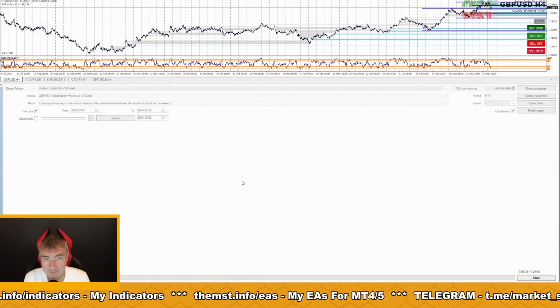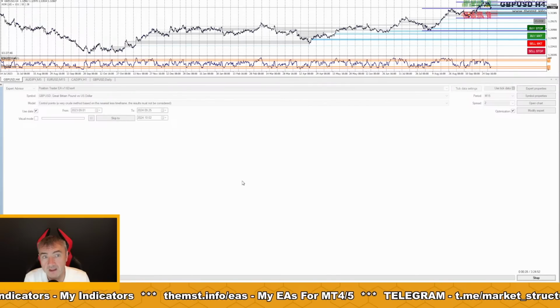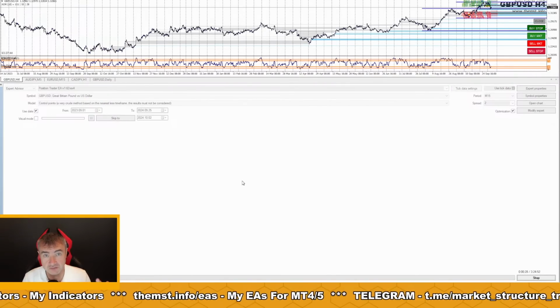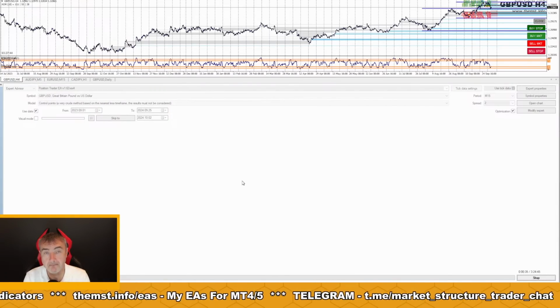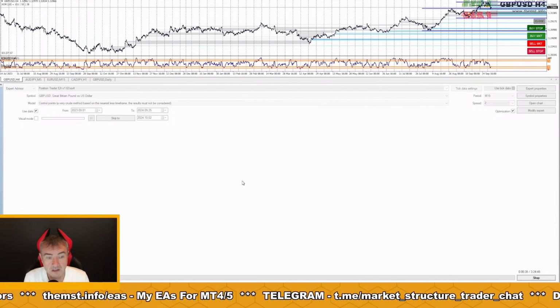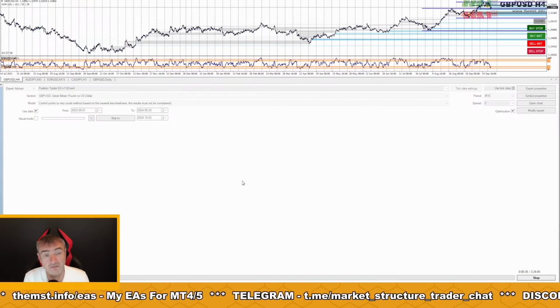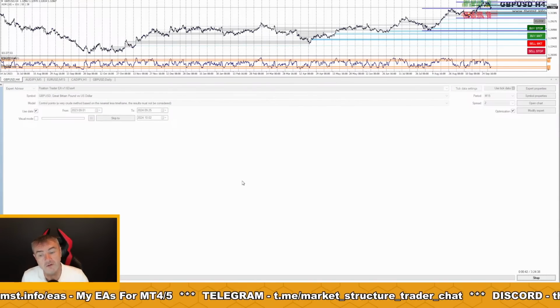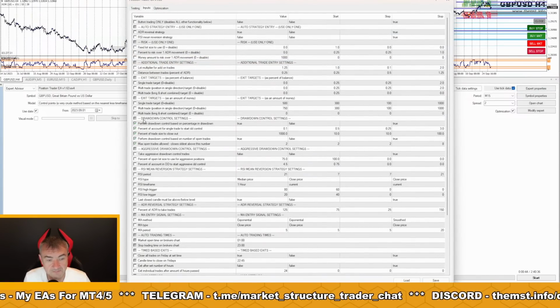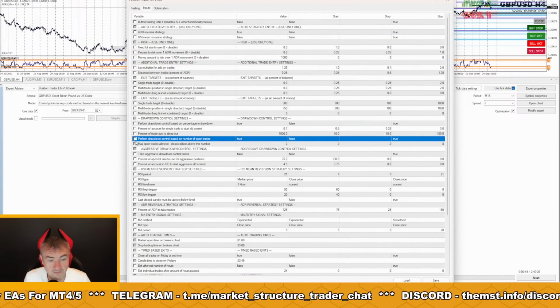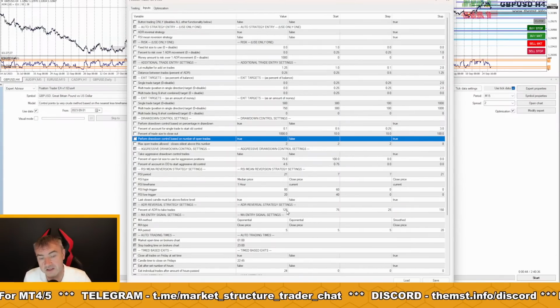I have a VPS with 5 terminals on it, and I will test multiple variations with 5 terminals on a VPS so that I can run many of these tests at a time. If you just do it on one terminal, you will be here for a long time. But if there's just one thing you want to know, that is what robustness testing is for. So you've got a strategy, you've been trading it, you've been position trading ADR reversals or something.